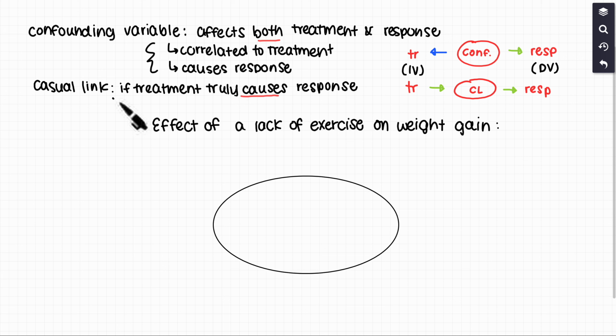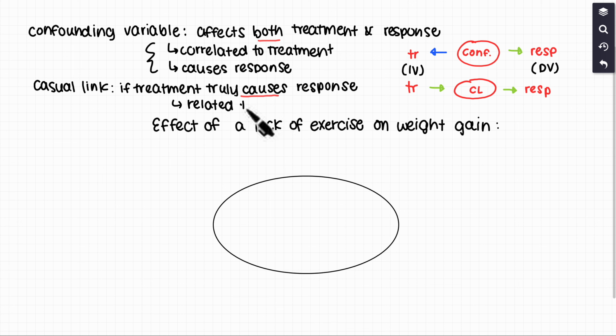And a causal link is a variable that makes a treatment truly cause a response. That's how you know it's a causal link. Usually causal links are related to the response in some way. So in studies or medicine, most of the time it's an ingredient in the medicine or in the actual response that makes the treatment cause the response.